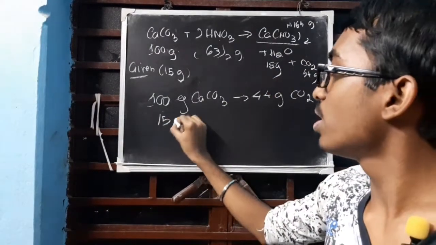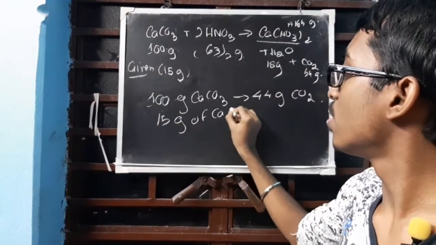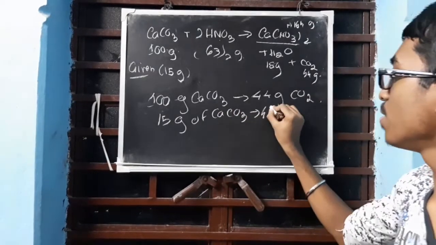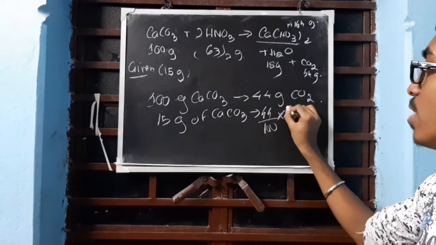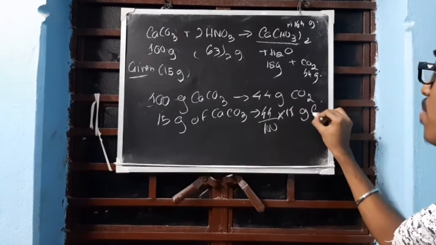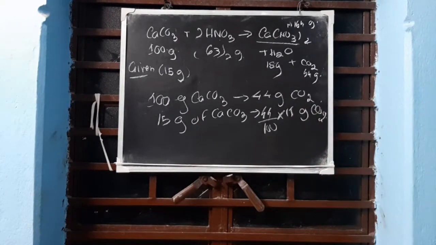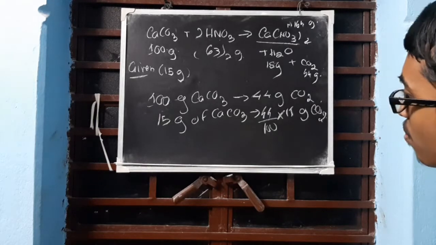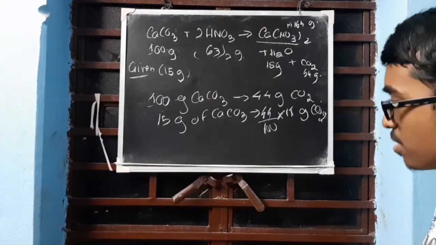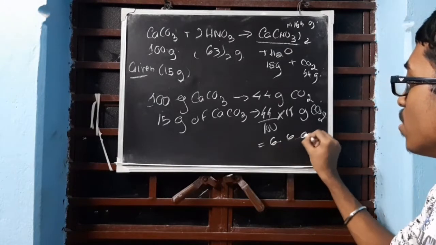So 15 gram will give you how much? 44 divided by 100 into 15 gram CO2. Right? Let's calculate the value. 0.44 into 15. 6.6.